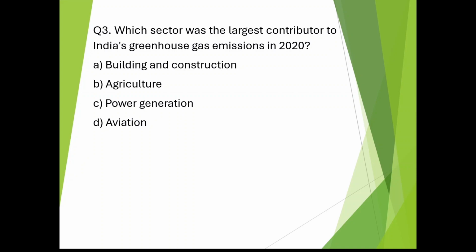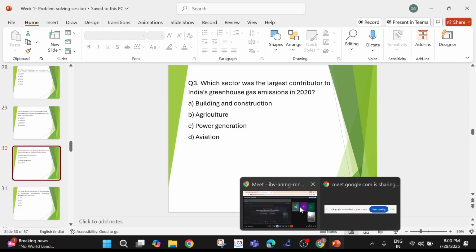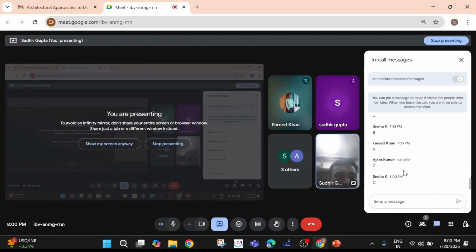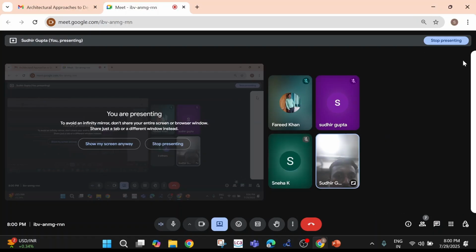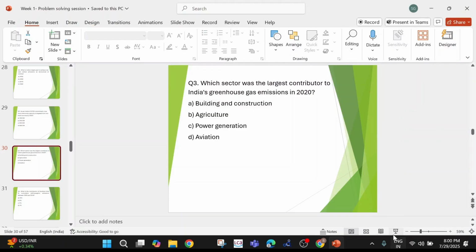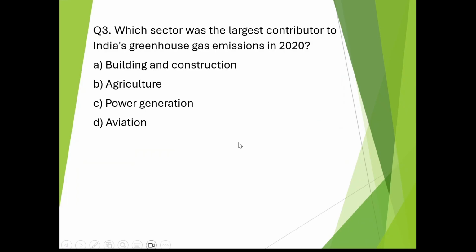So as I can see, most of you have answered this question, and all of you who have answered opted for option C, and option C is the right answer, that is power generation.